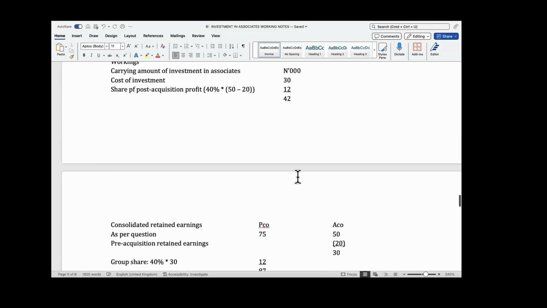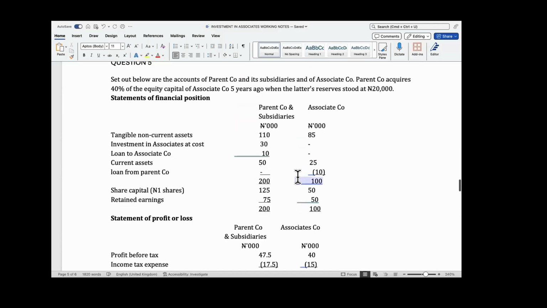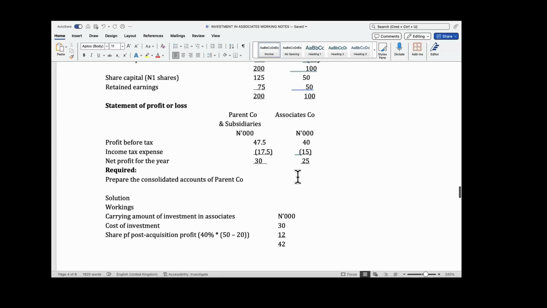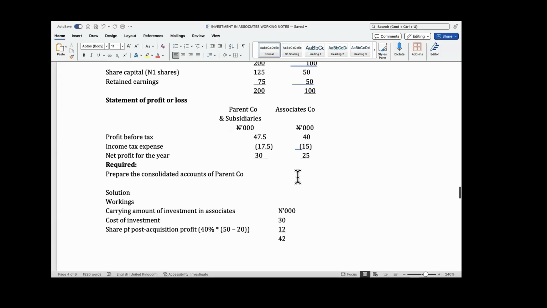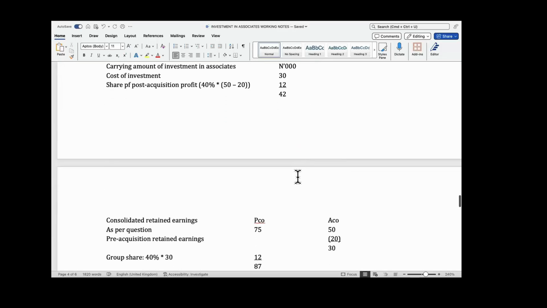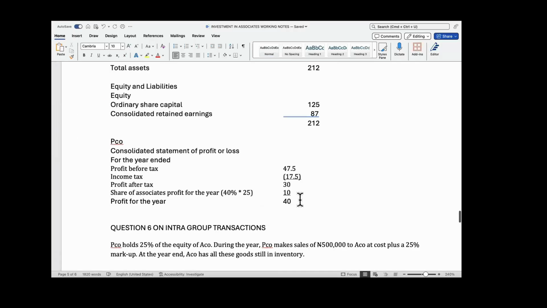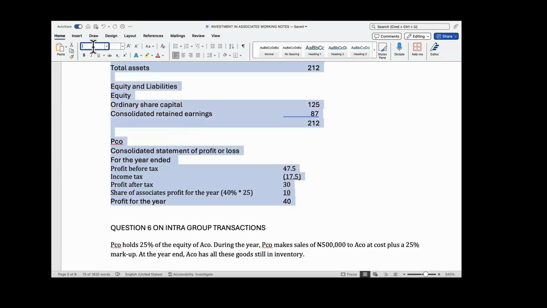Well, that's the end of this question. So see the way we methodically and systematically resolved it step by step. Consolidate, ensuring that we are not consolidating what we should not consolidate. We don't add figures of associates together.